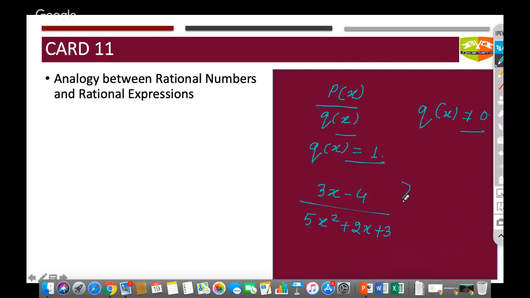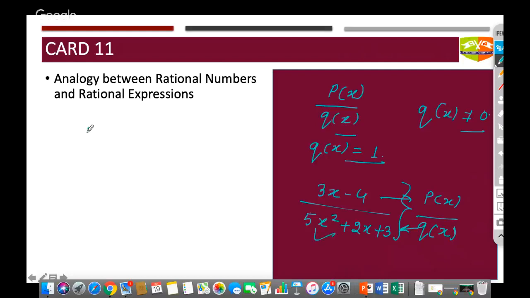If somebody asks you whether this is a rational expression or not, I'll say that this is a rational expression, because px is a linear expression and qx is a quadratic expression. So px by qx has to be a rational expression.